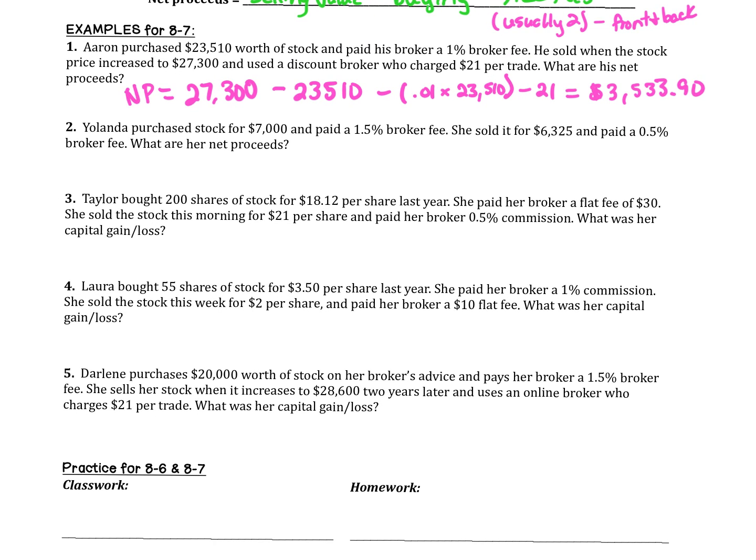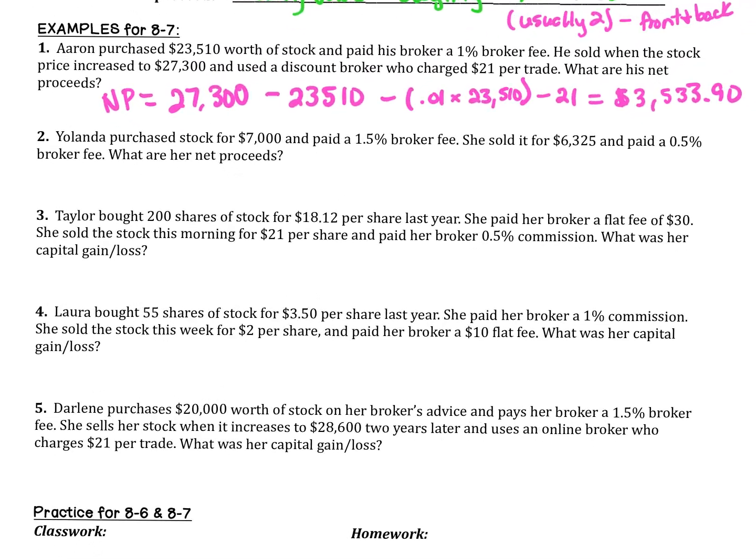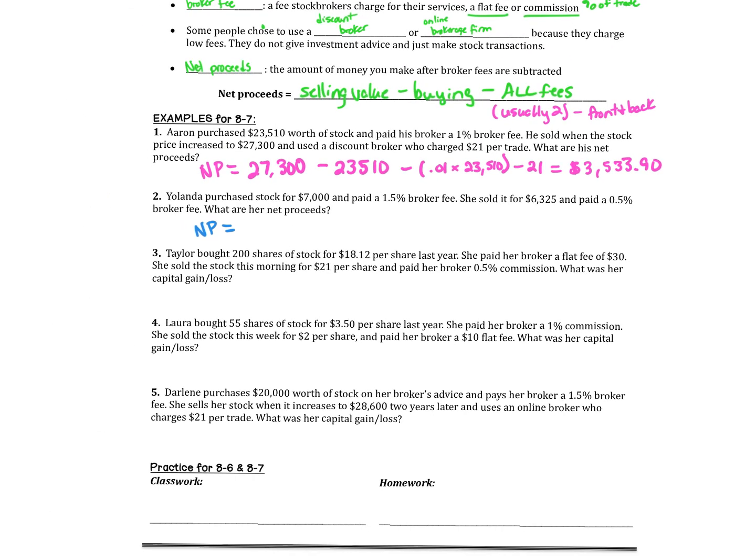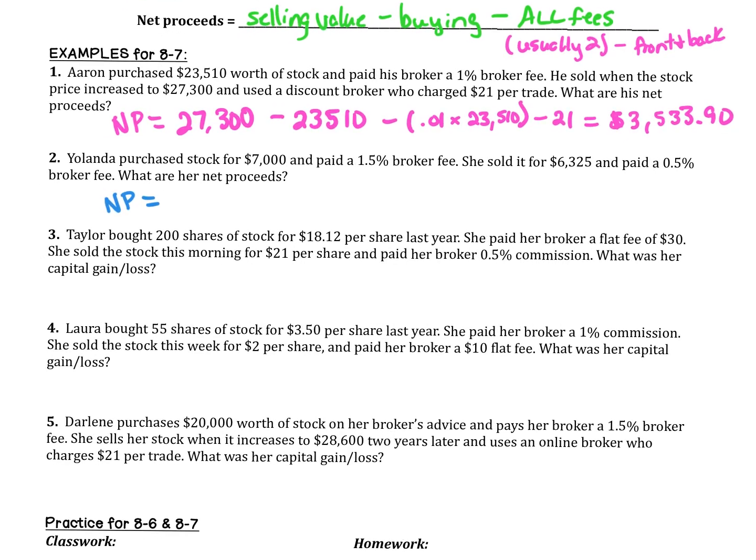Purchased stock for 7, paid the 1.5%, sold at that price, paid a 0.5%. What are the net proceeds? You can tell on this one it's gonna be a loss, not a gain. Okay, so once again, selling minus buying.